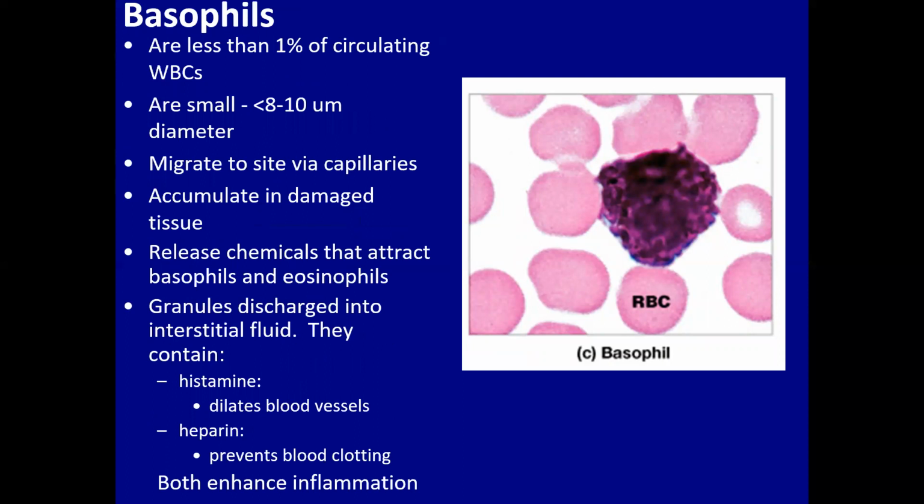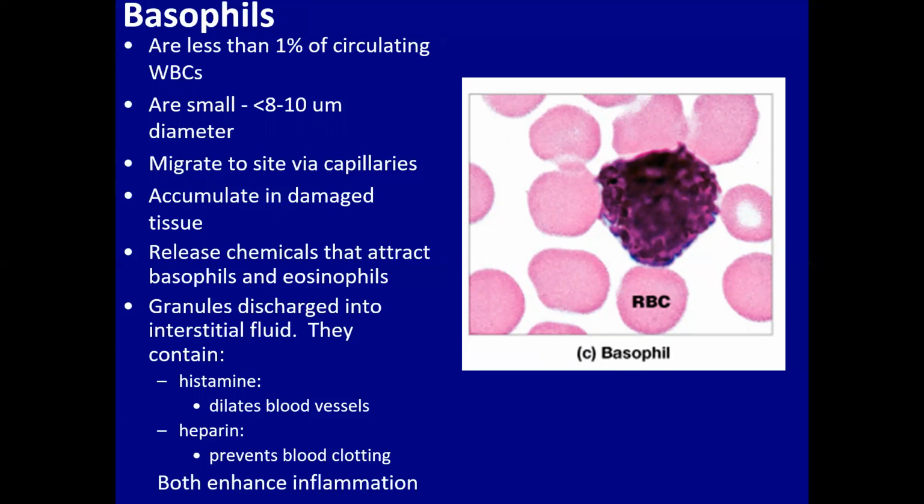Basophils are a very small percentage of all circulating white blood cells. They're only 1%, and they're small, 8 to 10 micrometers. They are going to go to the site where they're needed via capillaries, and they gather in this damaged tissue and release chemicals that are going to attract more basophils and eosinophils. So that's positive chemotaxis.